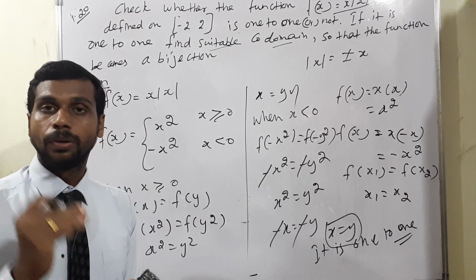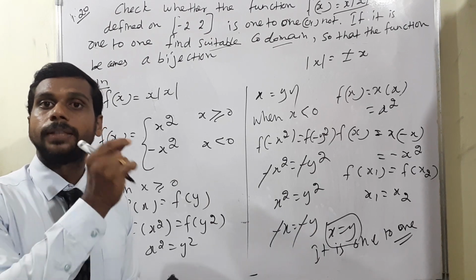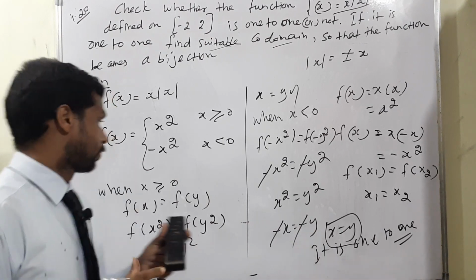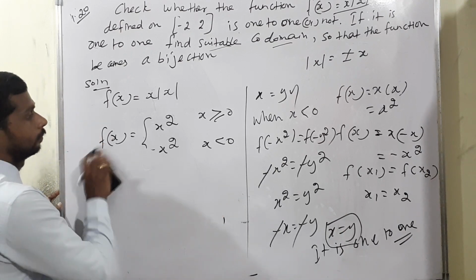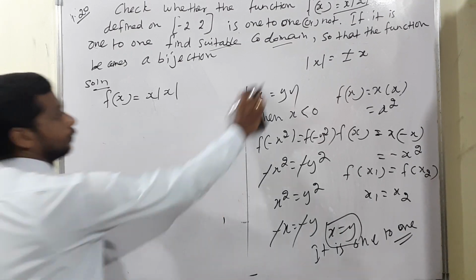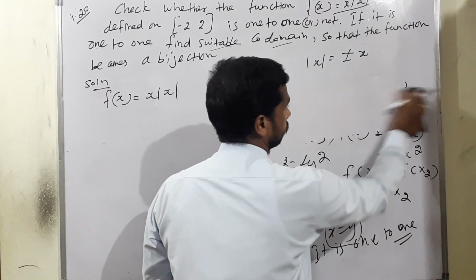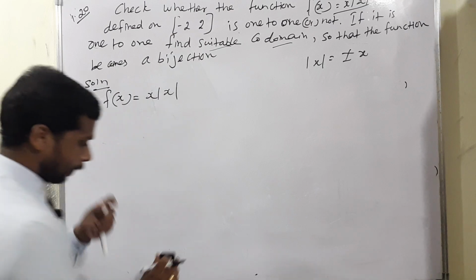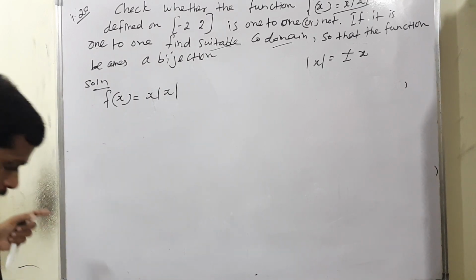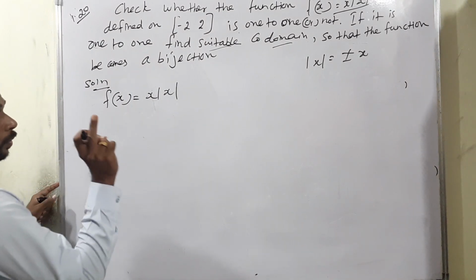What is the meaning of onto? Number of codomain is equal to number of pre-image. So listen very carefully.